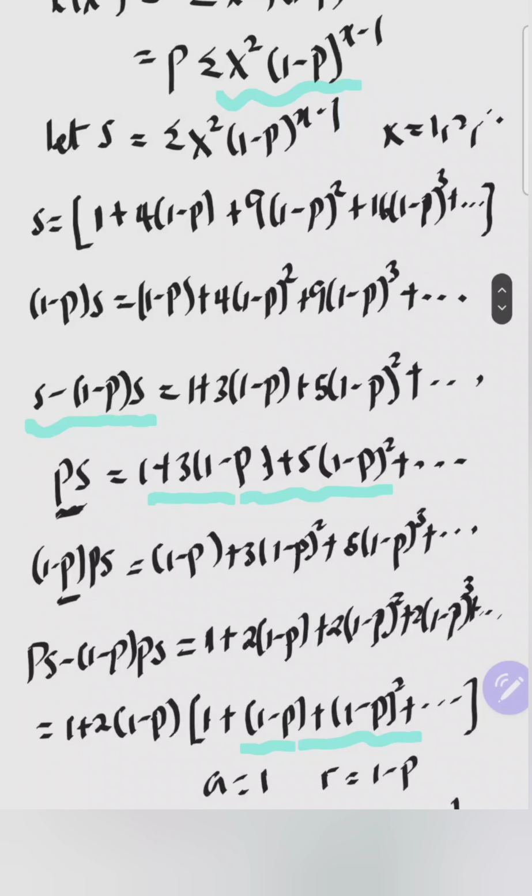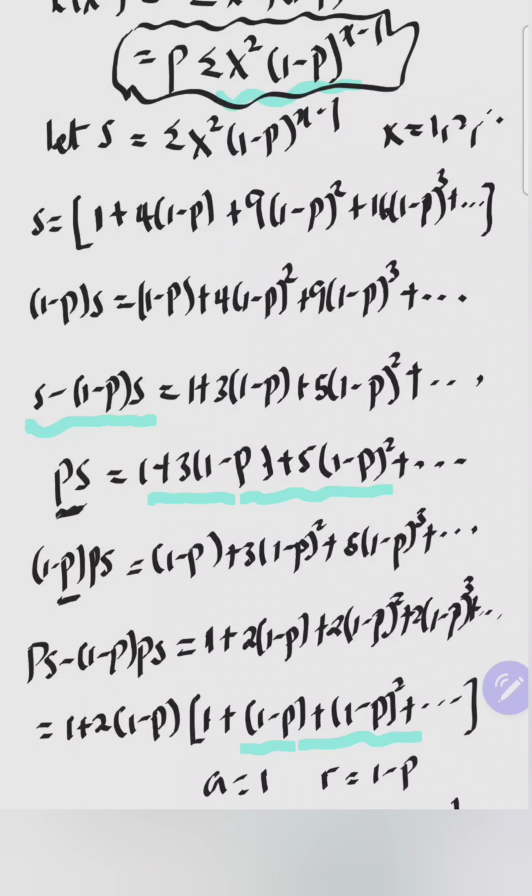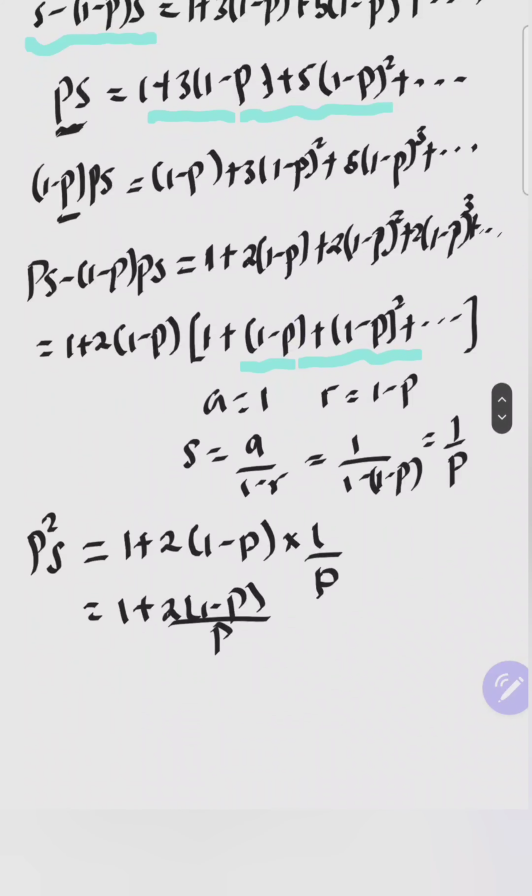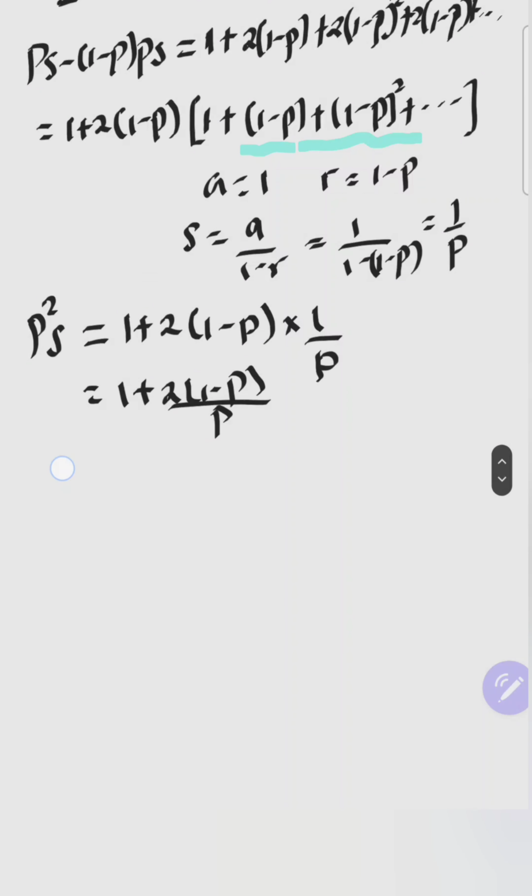Now, let's take this back into this equation, which is p times s. So this is going to replace it. Now, before we do that, don't forget that we need to make s the subject of the formula here.